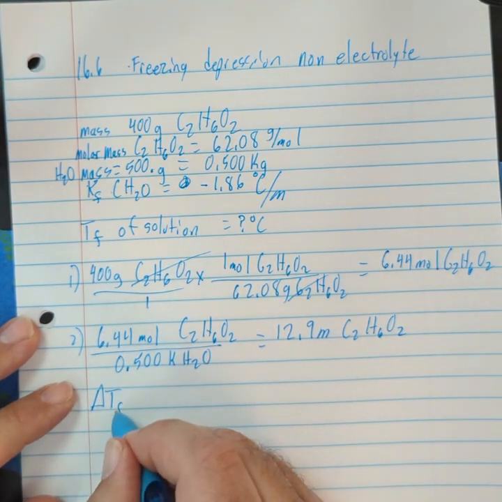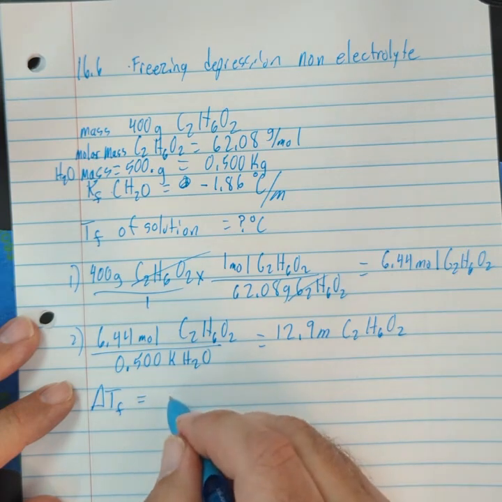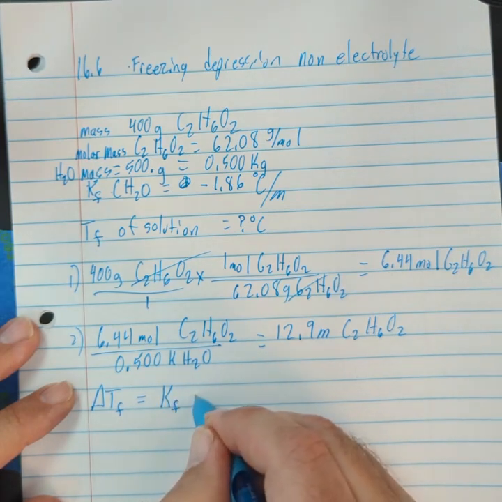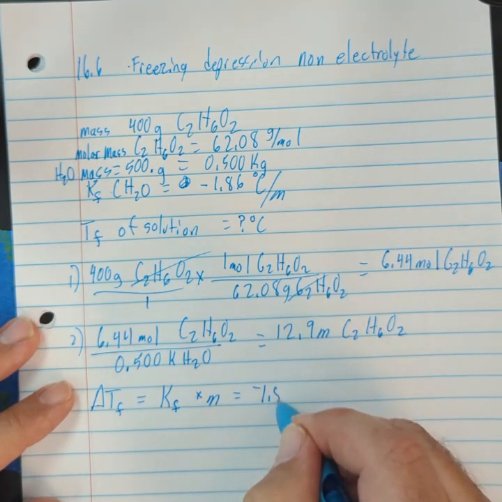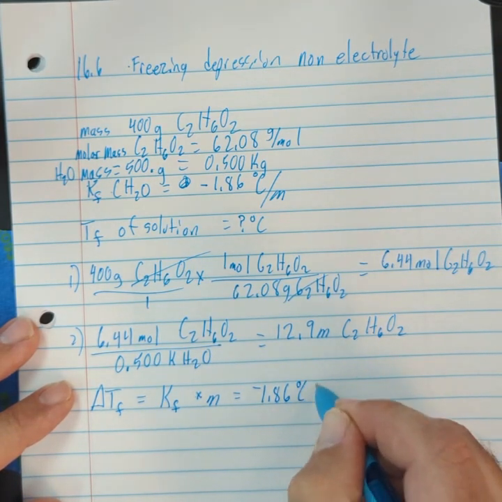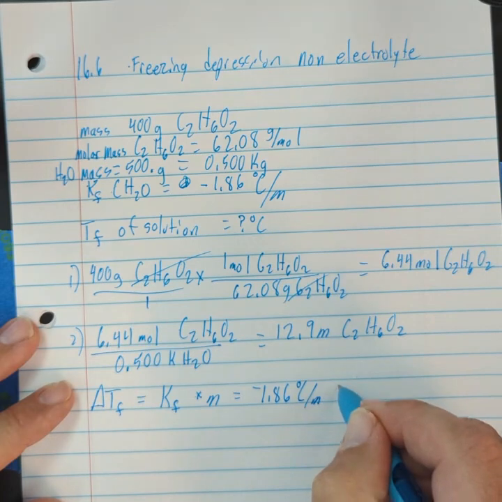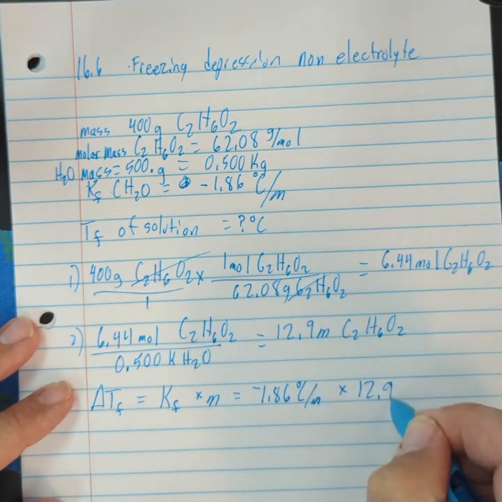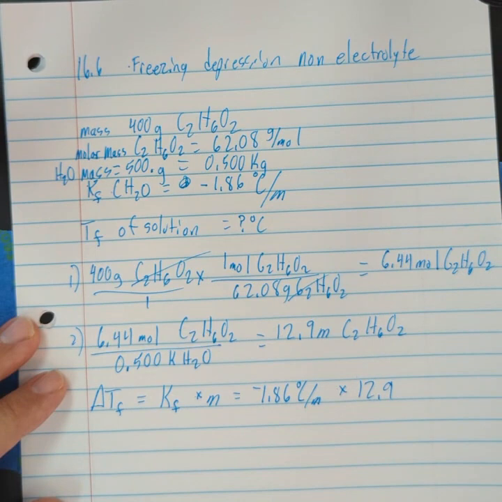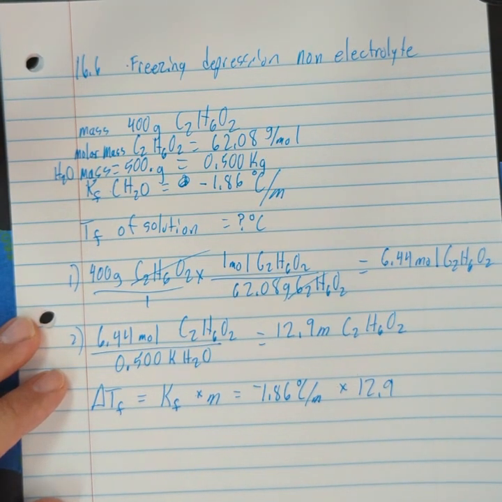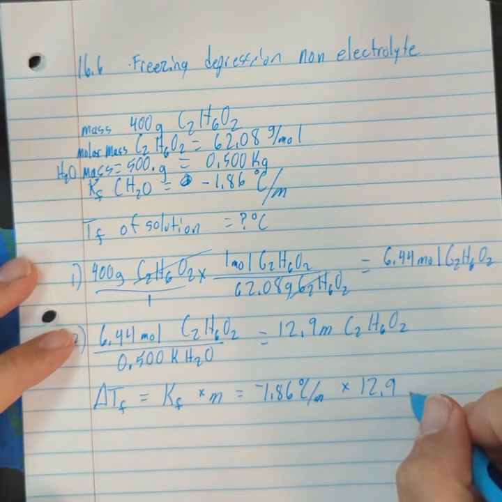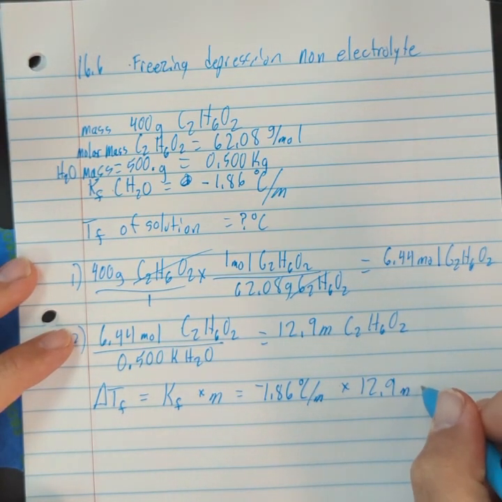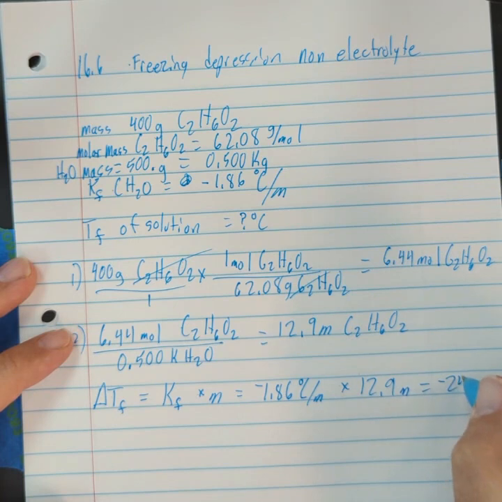Okay? Now we use our equation. The change in freezing temperature or freezing point is equal to KF times the molality. So that's going to be negative 1.86 Celsius per molality times 12.9 molality, and so that's going to give us negative 24.0 degrees Celsius.